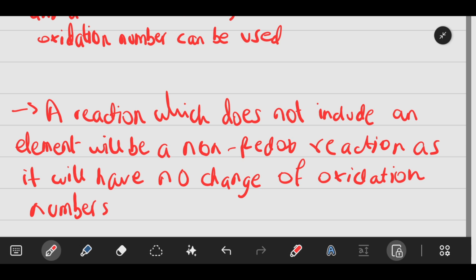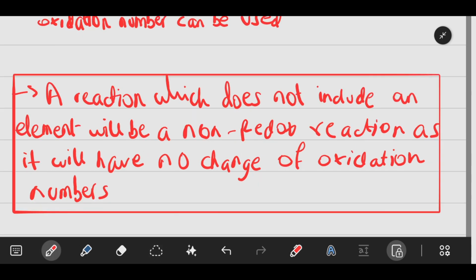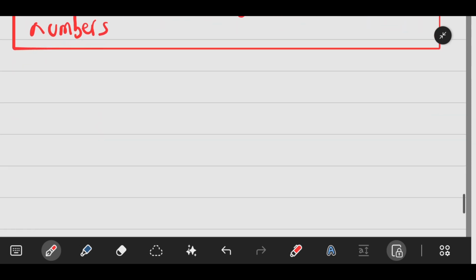Right. So now let's look at more examples to be reassured of the statement I just made.